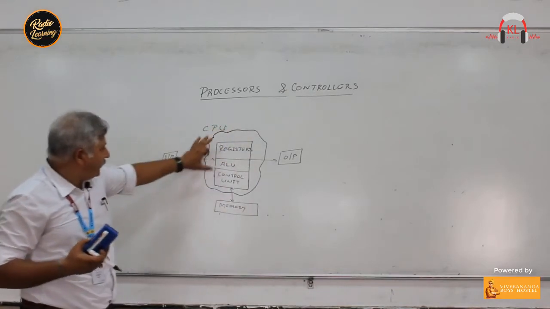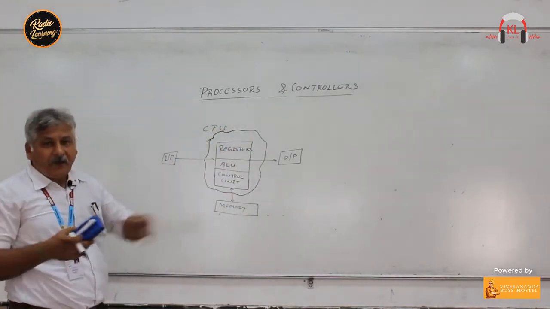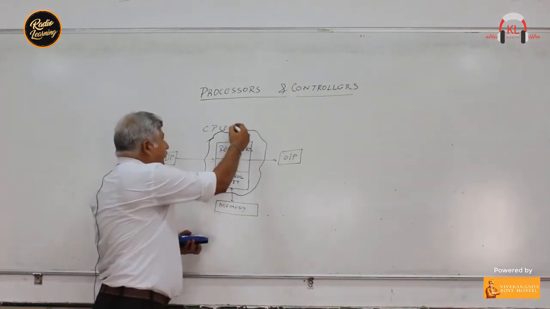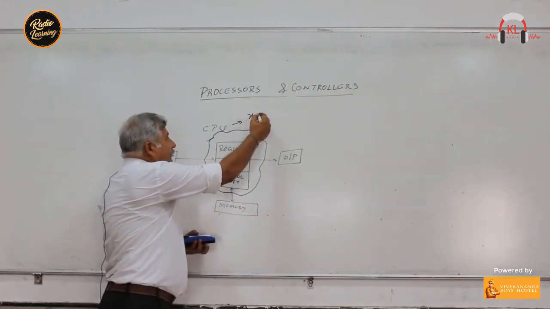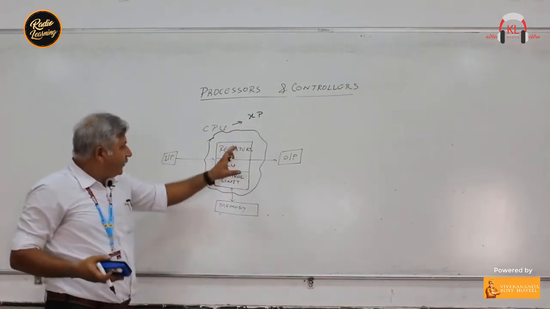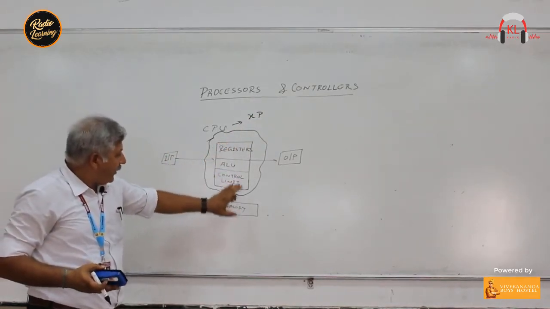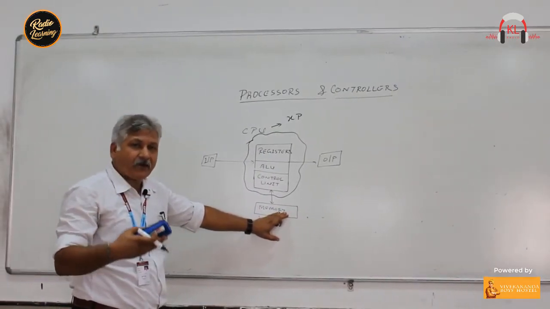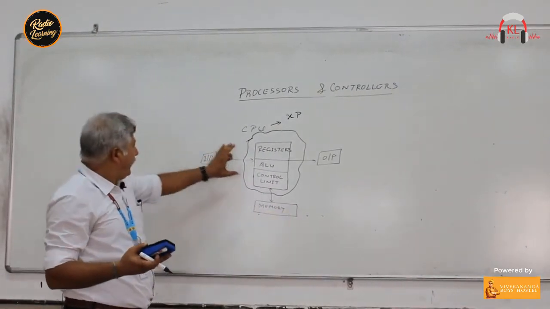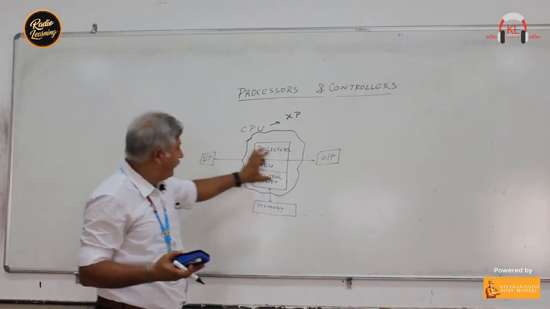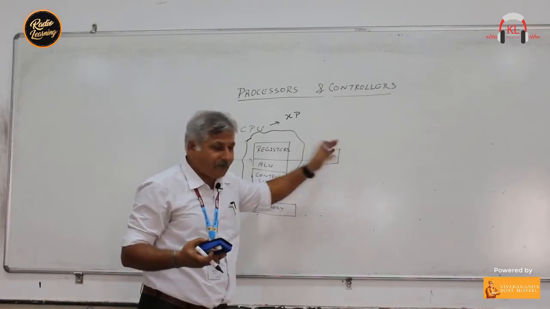When the whole of this central processing unit is fabricated over a single integrated circuit, then this CPU is called a microprocessor, right? And this microprocessor requires memory where we will store our program or our data. It should be able to communicate with the input device. It should be able to communicate with the output device.